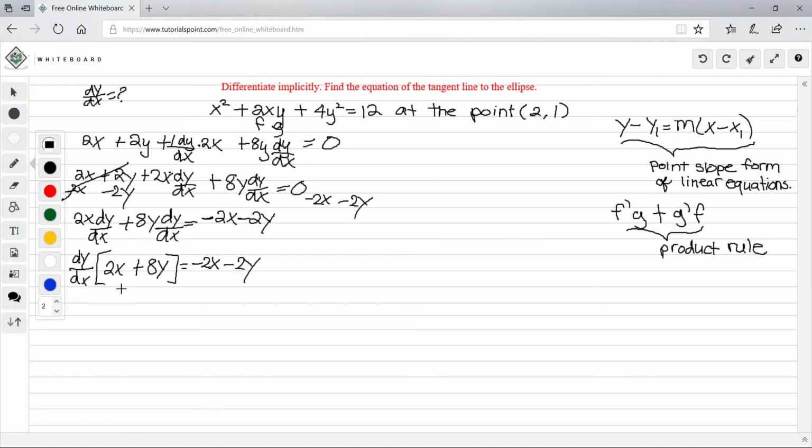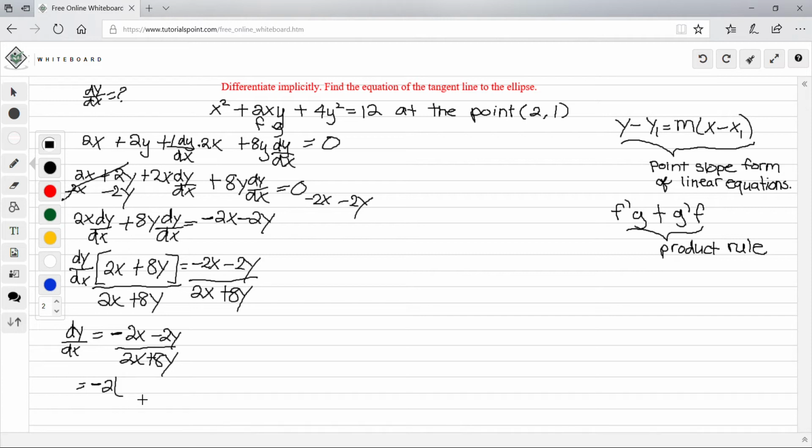So I'm going to divide everything by 2x plus 8y. So I have dy/dx equals negative 2x minus 2y over 2x plus 8y. Let's factor. I'm going to take out a negative 2 on the numerator, and you're left with x plus y.